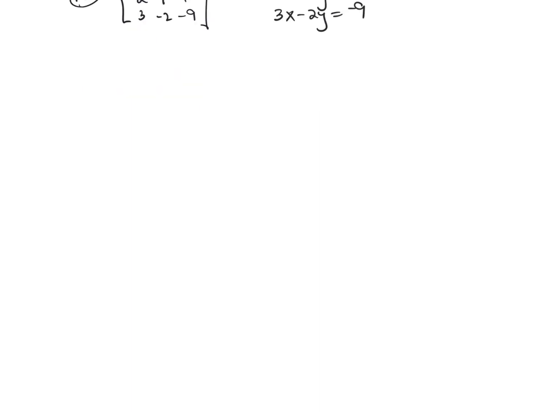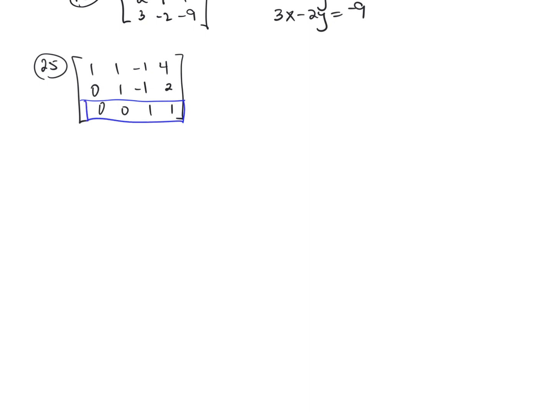25 says each augmented matrix is in row echelon form and represents a linear system. Okay, so row echelon form means that you can get an answer from your matrix. And what I mean by that, if you look at this third row right here, we don't have any x's, we don't have any y's. We know that z is equal to 1. So we've gotten an answer out of this matrix.